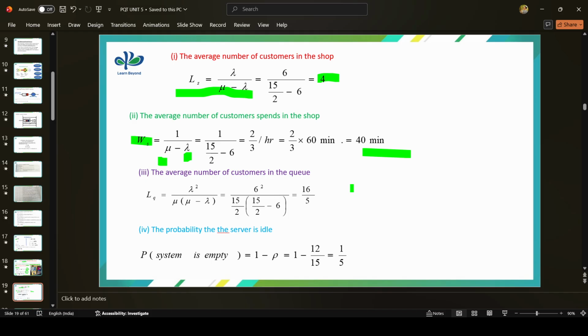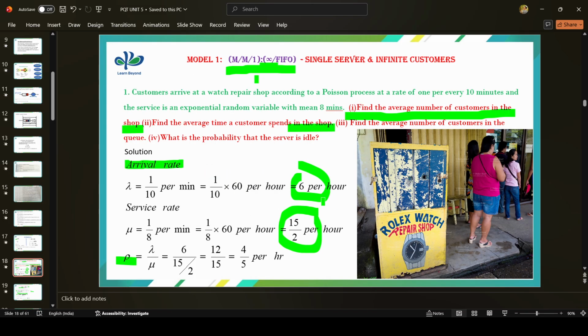As I said, if 10 persons are there, 1 is in service and another 9 are in the queue. Here they are asking the number of customers in the queue, so leave out the one taking the service. That is LQ. LQ is equal to lambda square divided by mu into mu minus lambda. The answer for this is 16 divided by 5.